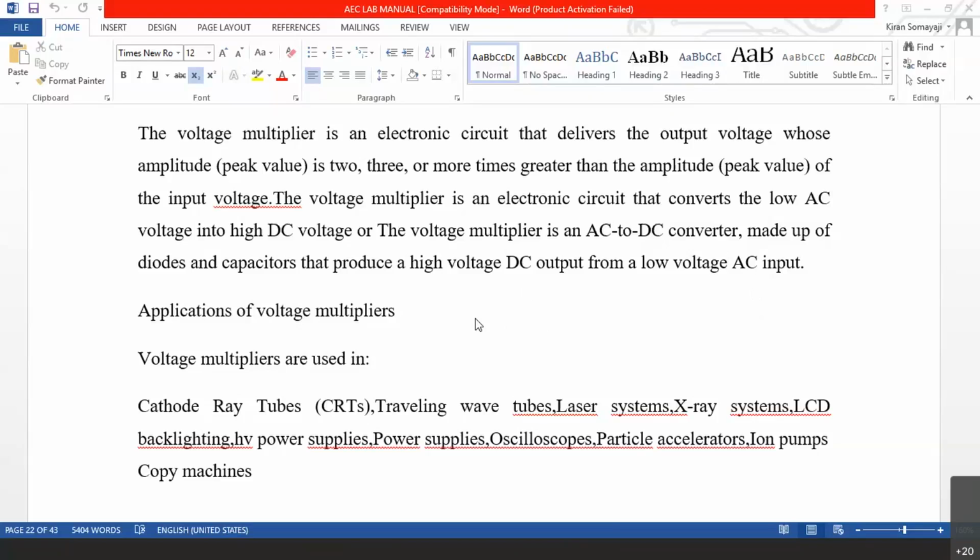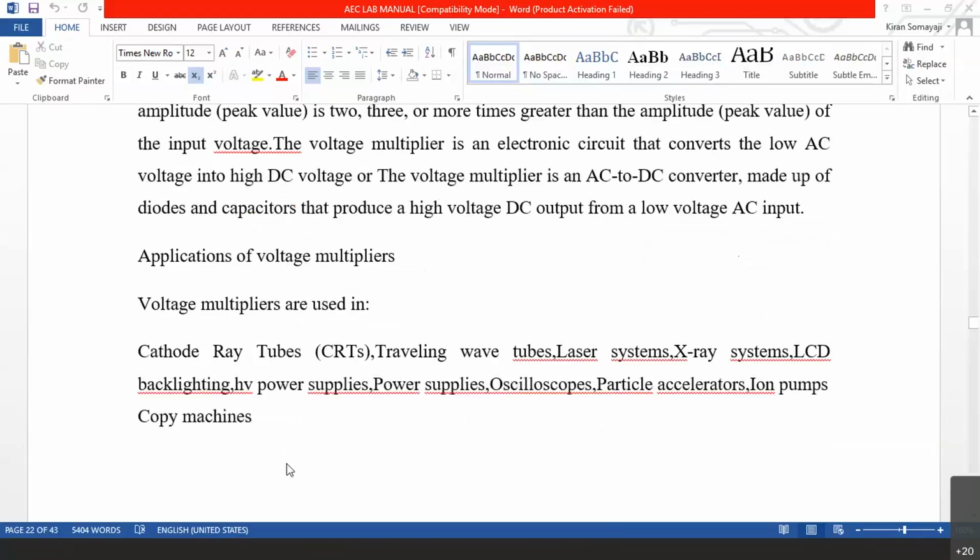Applications. The voltage multipliers are used in cathode ray tubes, in traveling wave tubes, in laser systems, in X-ray systems, LCD backlighting, high voltage power supplies, oscilloscopes, particle accelerators, ion pumps, and copier machines. Photocopier machines also use voltage multipliers, because all these equipments at one point, for some of their printing jobs or for their display jobs, require a high voltage.